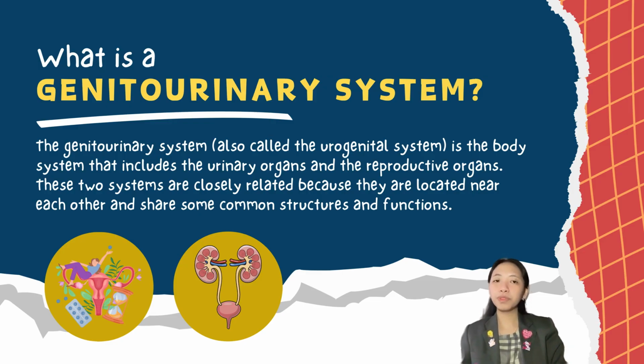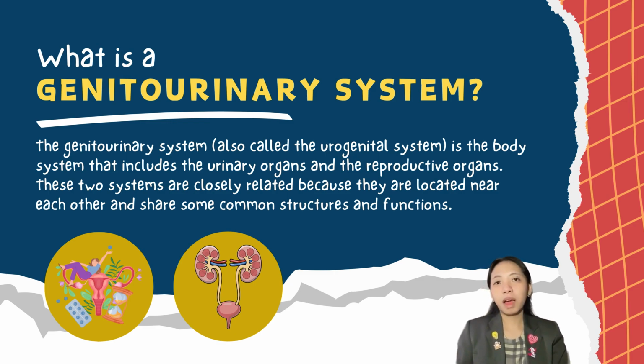So, before we learn the physical examination for the genitourinary system, we must know what the genitourinary system is. The genitourinary system, also known as the urogenital system, includes both the urinary organs and the reproductive organs.